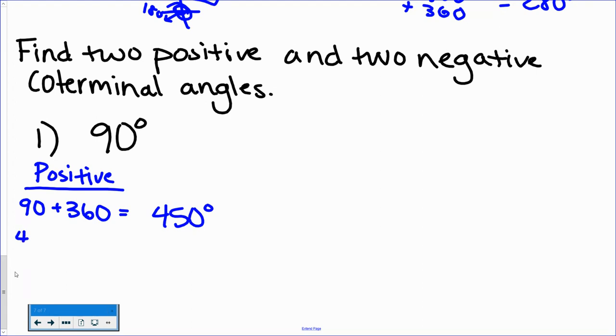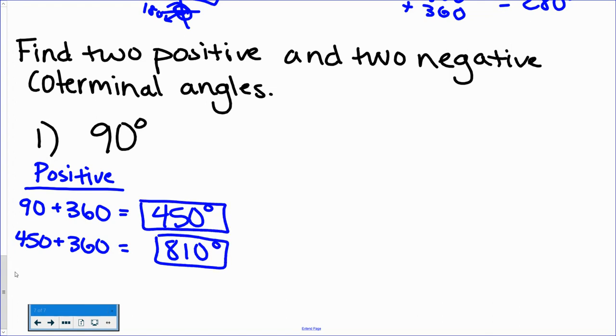Now I have to take 450 and add 360 again. So I'll be at 810 degrees. There's my two positive coterminal angles with 90. So you have an infinite amount of coterminal angles. We can add 360 forever and ever. All right, but in this case, it's just asking you for two positives and two negatives.